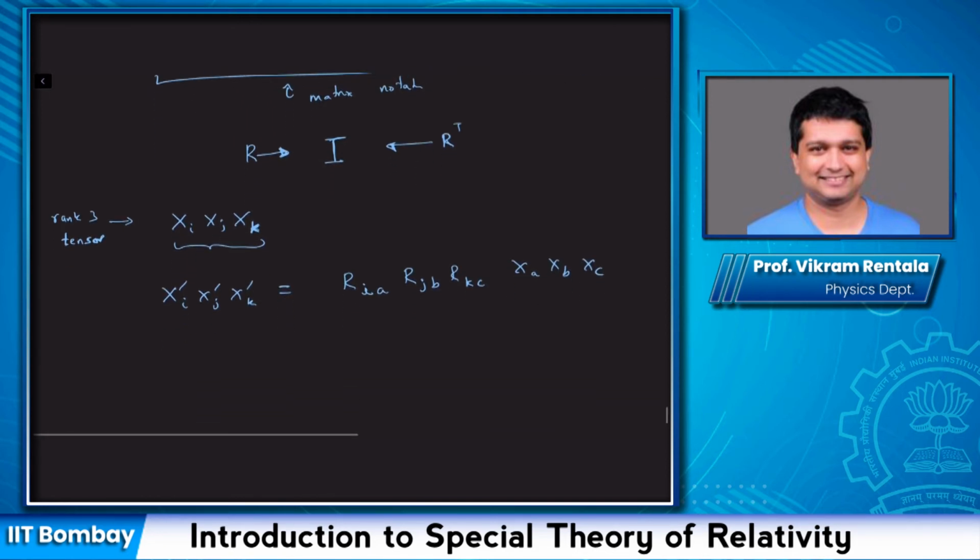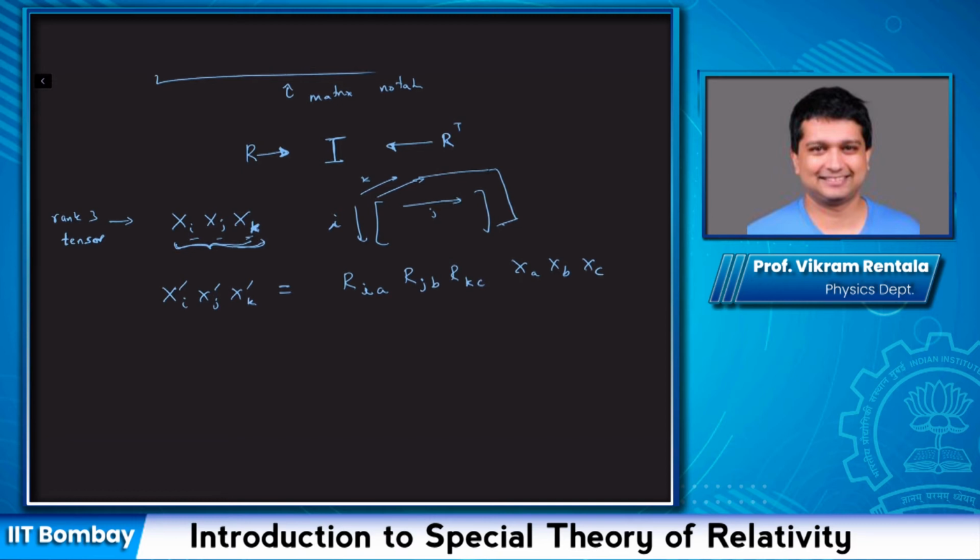Now, this is a more complicated object to look at in anything other than index notation. If I want to imagine what this object is, I have to think of it as a 3-index object. So unlike a matrix, I have to think of this as a cube of values with the index i describing the rows, the index j describing the columns, and k describing the depth.